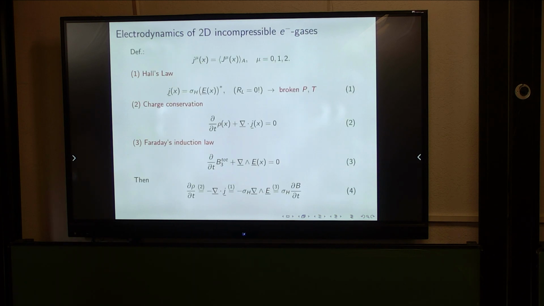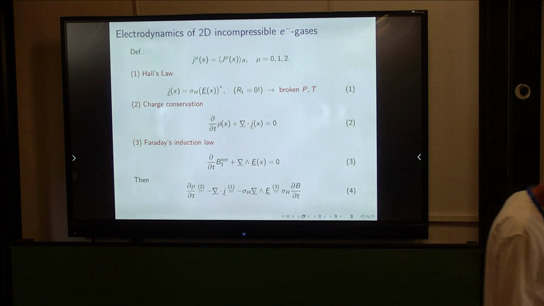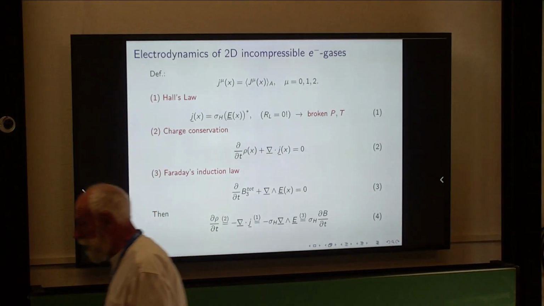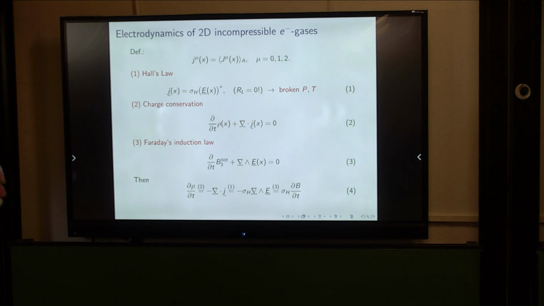Now we can rederive the form of the effective action of a Hall insulator from the old laws that were used to describe the Hall effect already in the 19th century. The first such law is Hall's law.